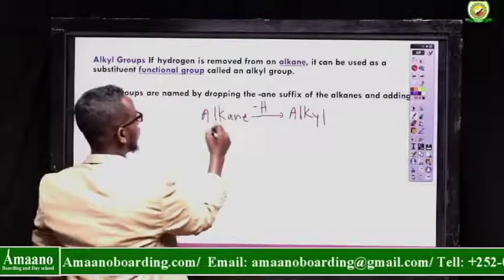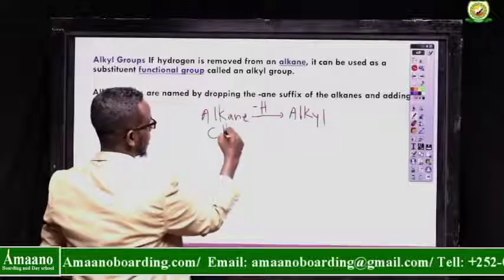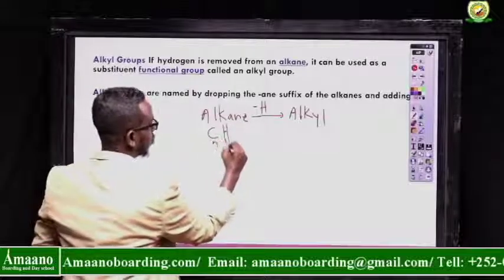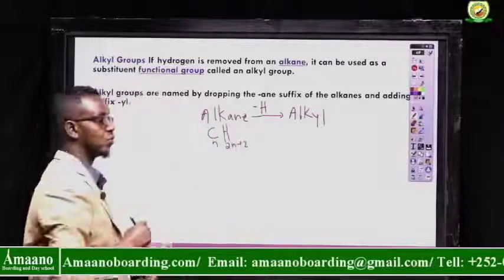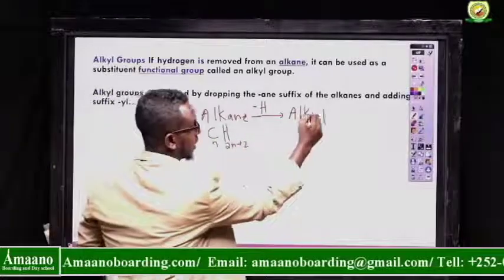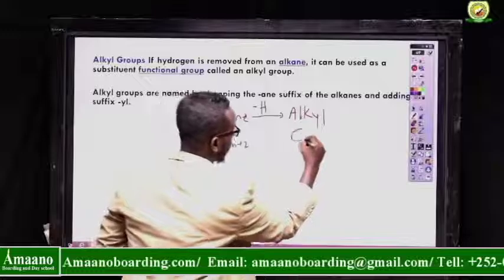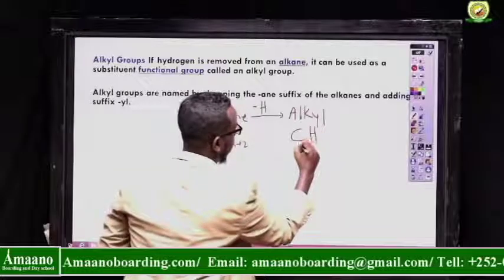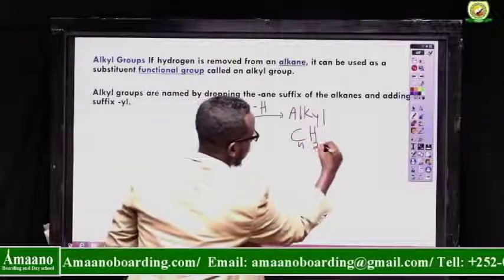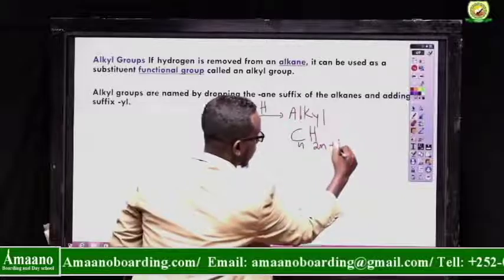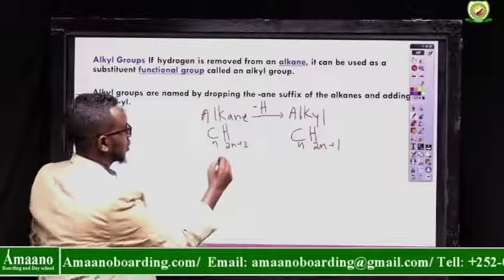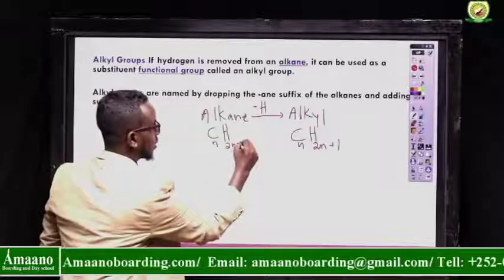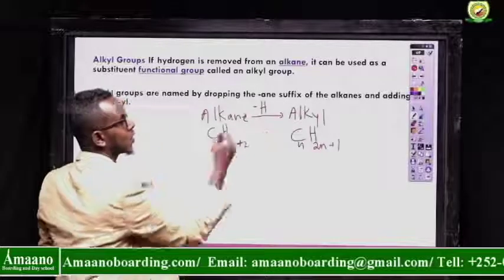You see, the general formula of alkanes is CnH2n+2. What about the general formula of alkyl? It is CnH2n+1. So this is plus 2, and this is plus 1.